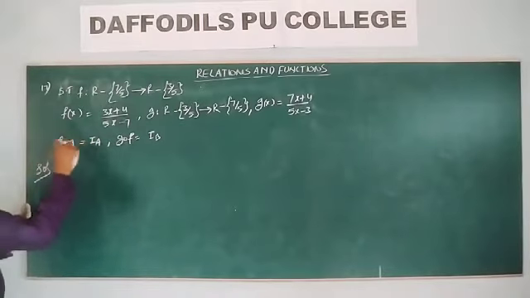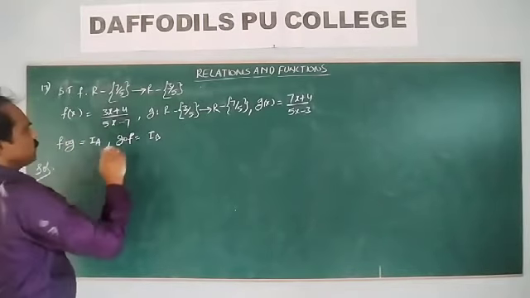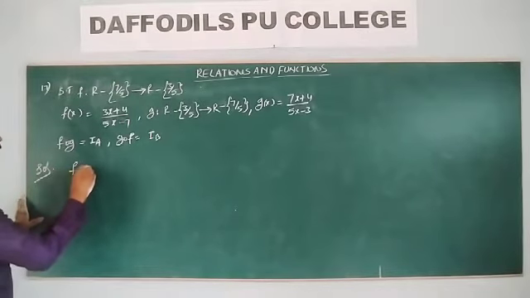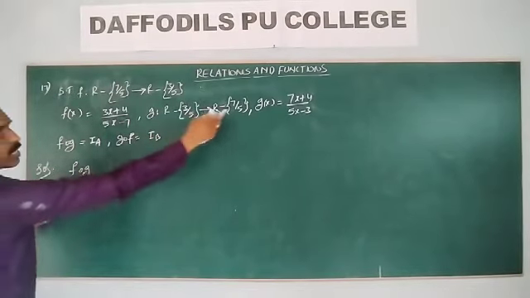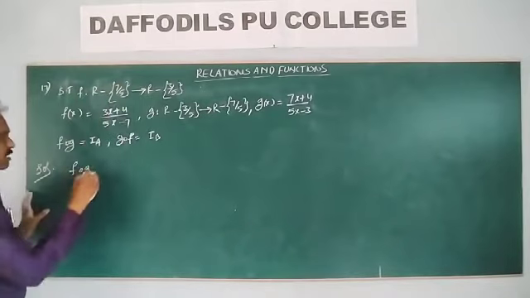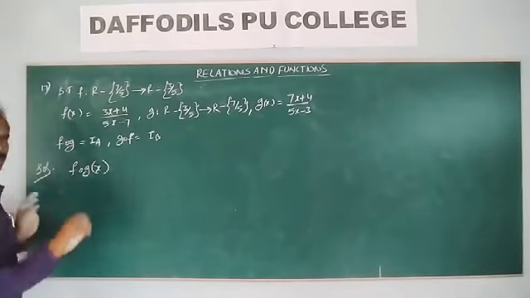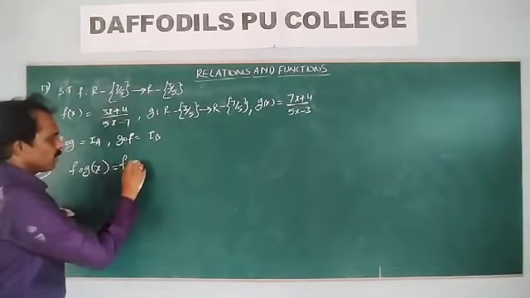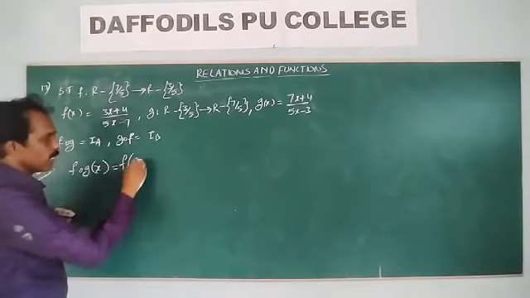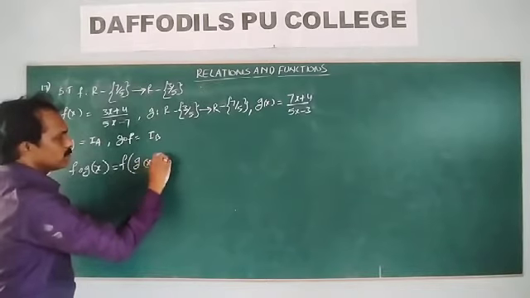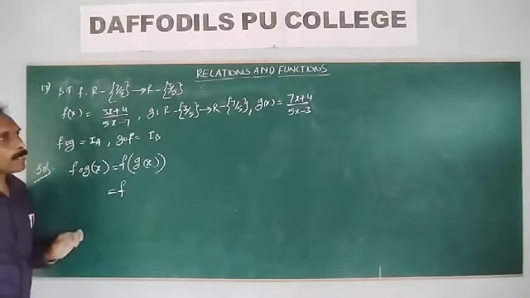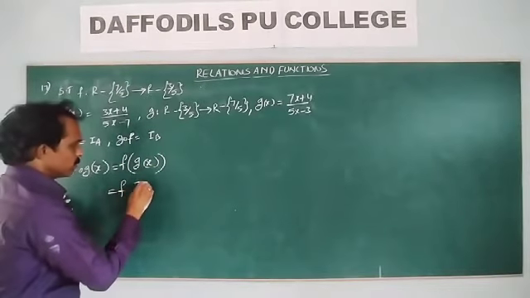First of all, find either f circle g or g circle f. Take f circle g: f of g of x.